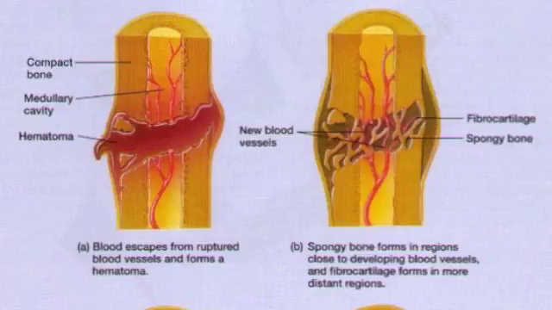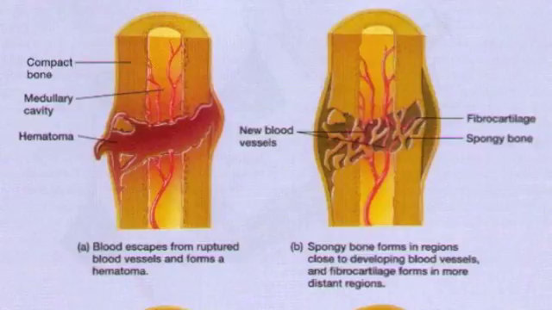The macrophages are also present to clean up the debris, or pieces of bone that are stuck in there, so they'll get rid of that. And the osteoclasts are going to break down the dead bone.